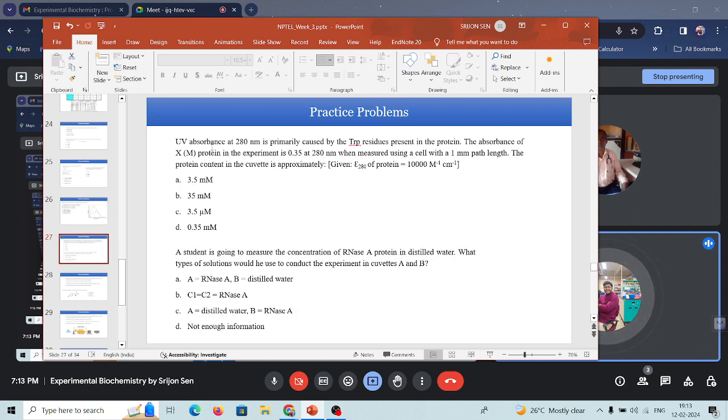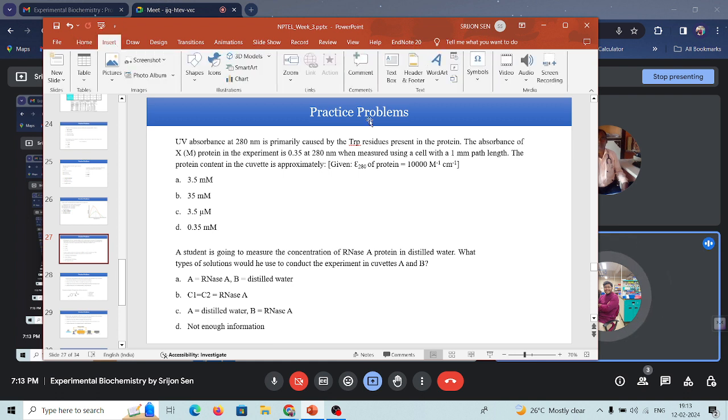Now, UV absorbance at 280 nanometer is caused by tryptophan residue. The absorbance is 0.35, for a 1 millimeter path length, and we have been given the epsilon value. So let us try this calculation.